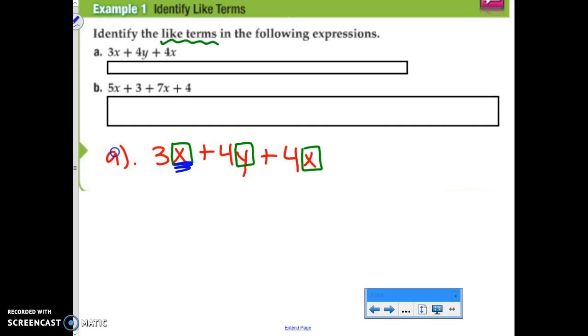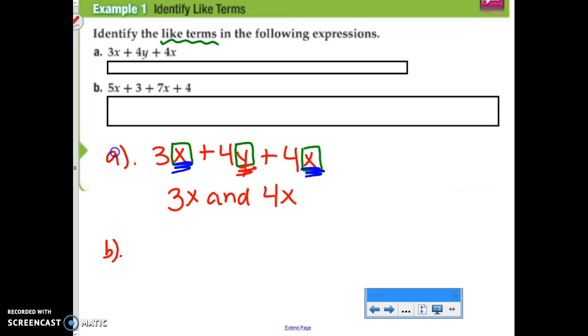Here I've got an x, and over here on the right I have an x, and those two, 3x and 4x, are like terms. Because I have nothing that matches my 4y, I know that 4y is an unlike term to both the 3x and the 4x.